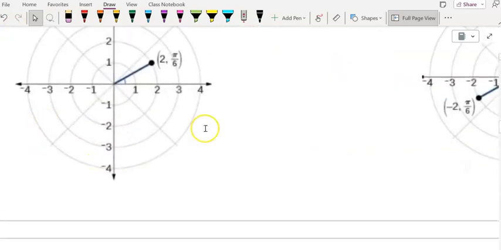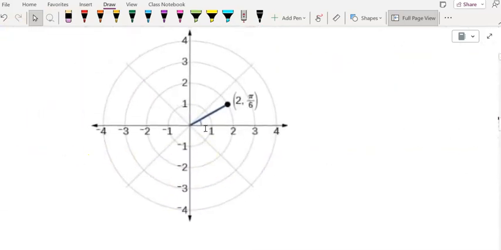So what that's saying is, right here, if this is my point (2, pi over 6), I find pi over 6, and my r is positive, because remember this goes in (r, theta), right? So r is that first number, the 2 is positive, and so it's located where that angle pi over 6 is. I know this isn't labeled with the angles, it's okay.